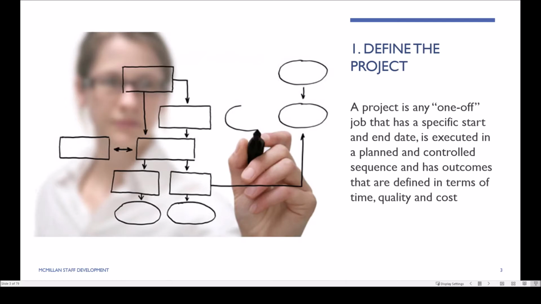So the origins of project management and the theoretical component of project management is that it's something that's a one-of, it's something that has a specific start and end point, it's something that's executed in a systematic approach, and it's something that is defined by those three metrics I talked of: time, quality, and cost.